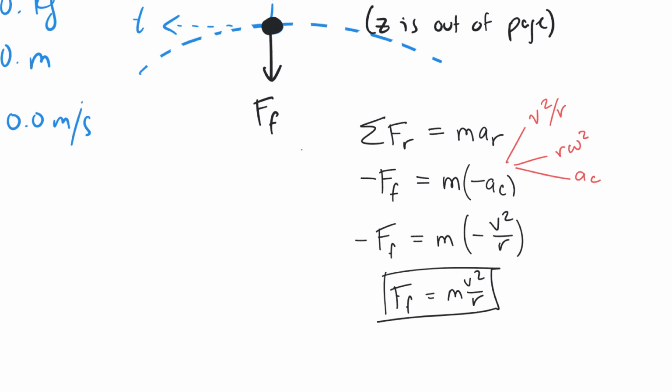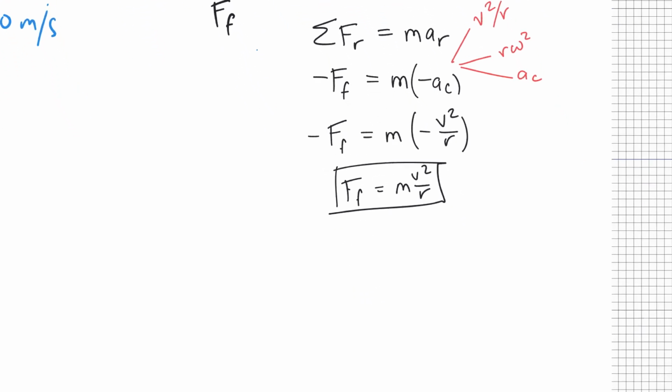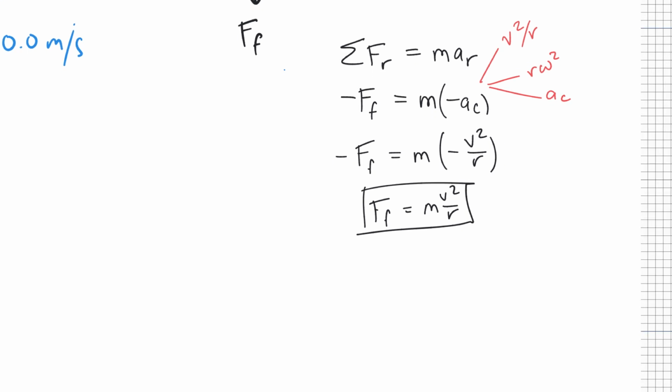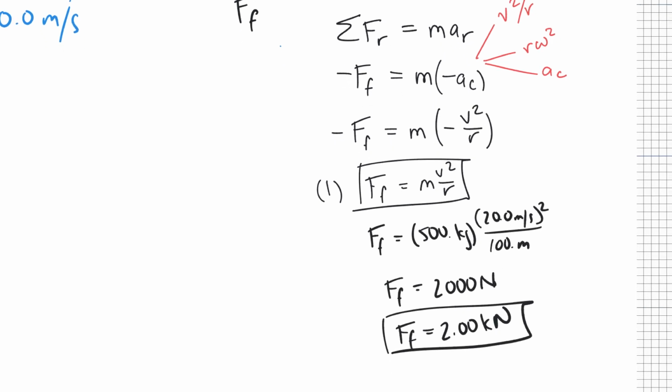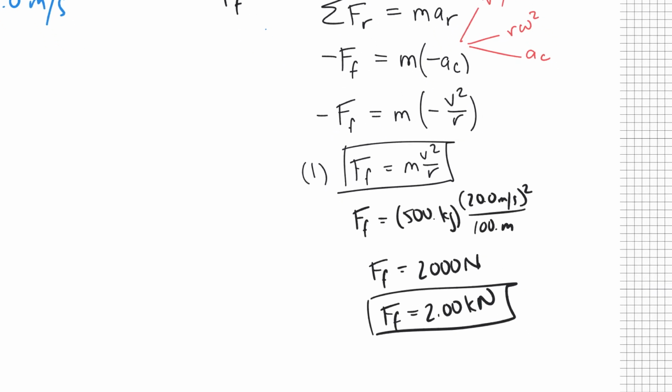I will note that we're going to use this particular equation again, so I'm going to go ahead and number this as number 1. All right, so let's plug in some numbers. And we'll note that the force of friction is 2,000 newtons, expressed in this way in order to account for the sig figs. So, 2.00 kilonewtons.